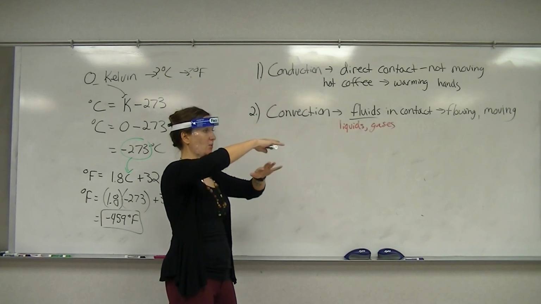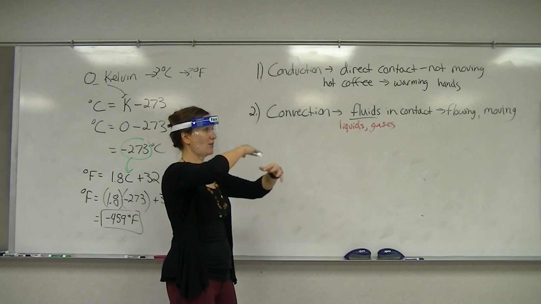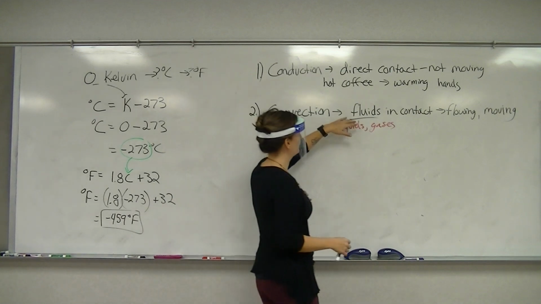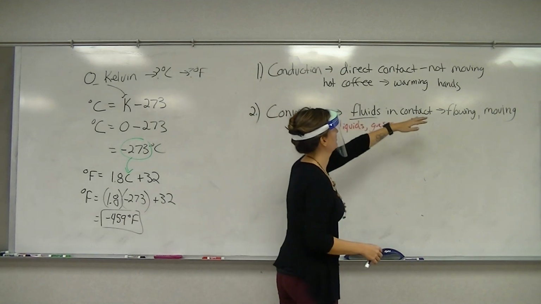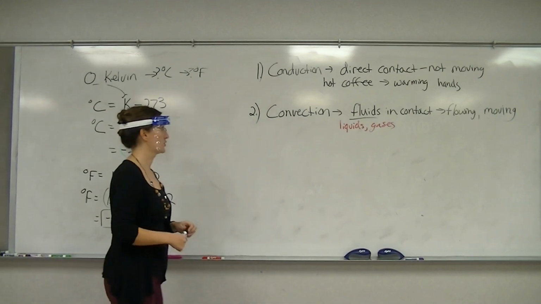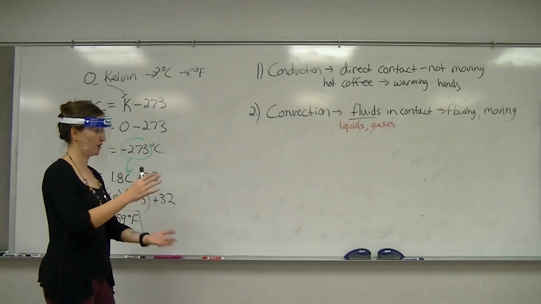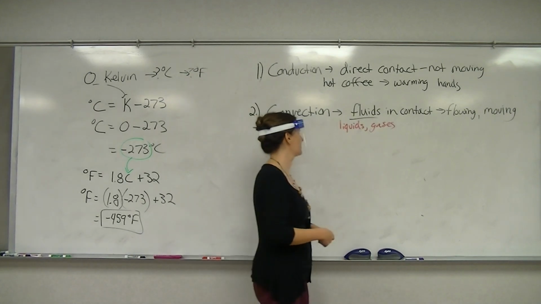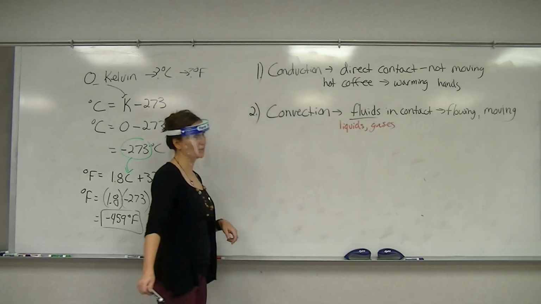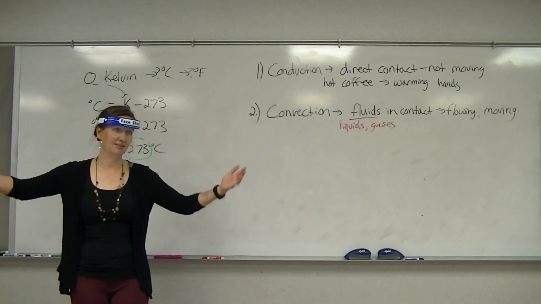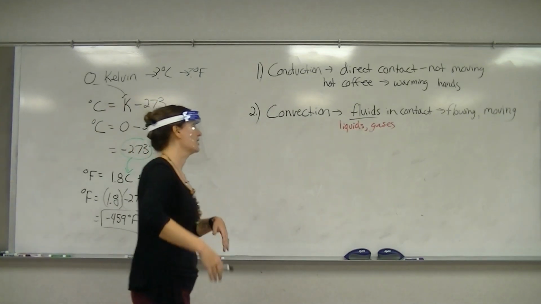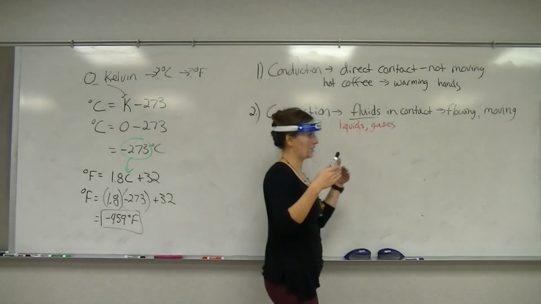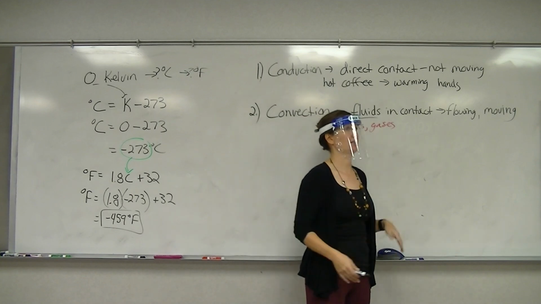So these are the liquids, the 2 fluids mixing together, transferring heat, flowing, moving, in direct contact. So those water molecules transferring heat to make all the water the same temperature, to heat all the water up. Other examples of convection are air conditioning, heat, right? Those are the gases now. You have the air molecules coming in contact with each other and transferring heat.